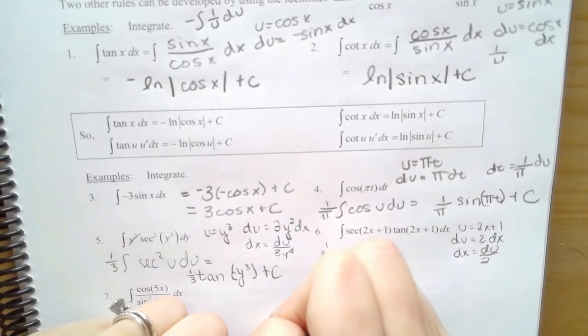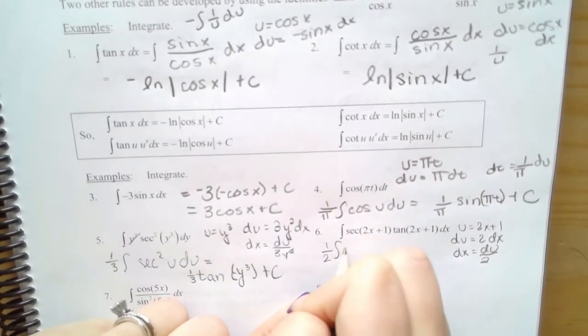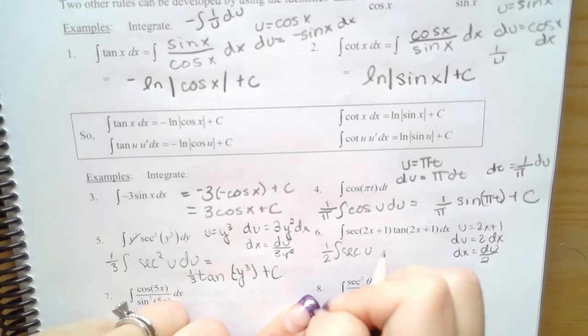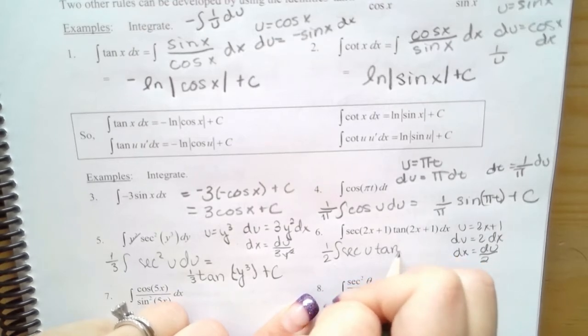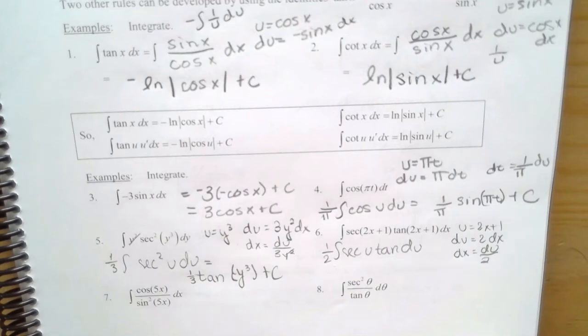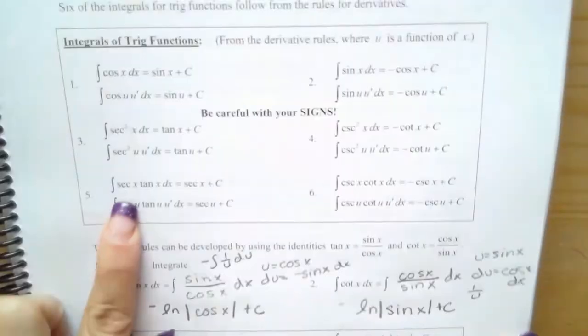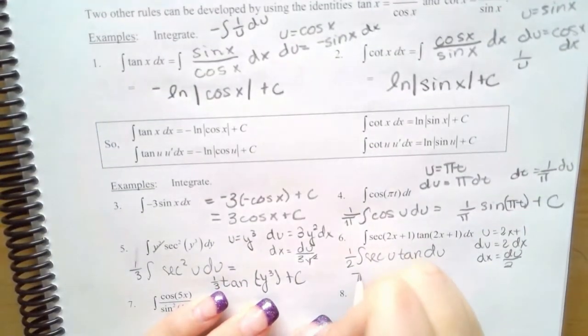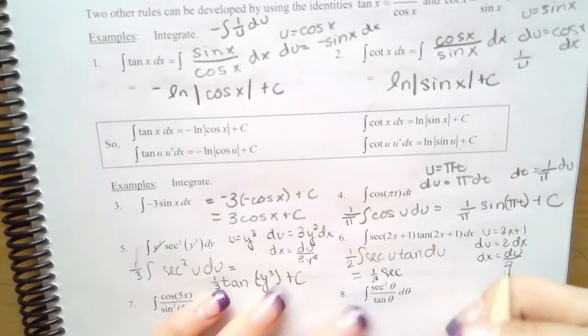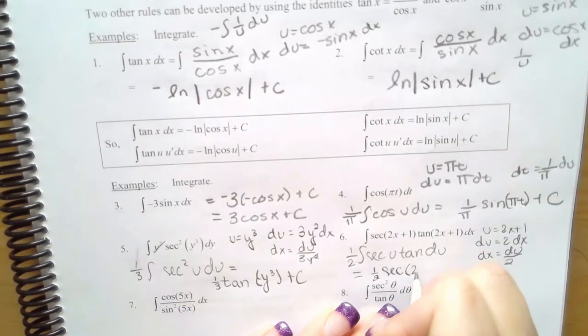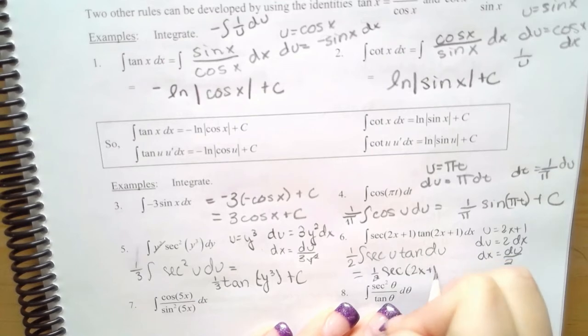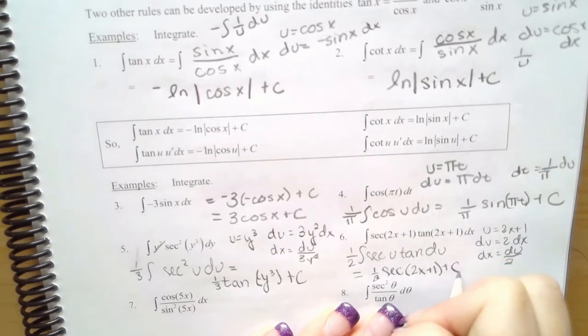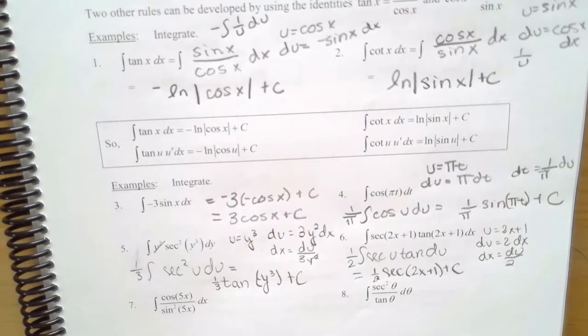That leaves us with 1/2 out front, secant u tangent u du, and if you look at your rules, that is number 5 up here. So that equals 1/2 secant. Instead of u, I'm going to put that back in as 2x plus 1 plus c. Okay. Number 7.